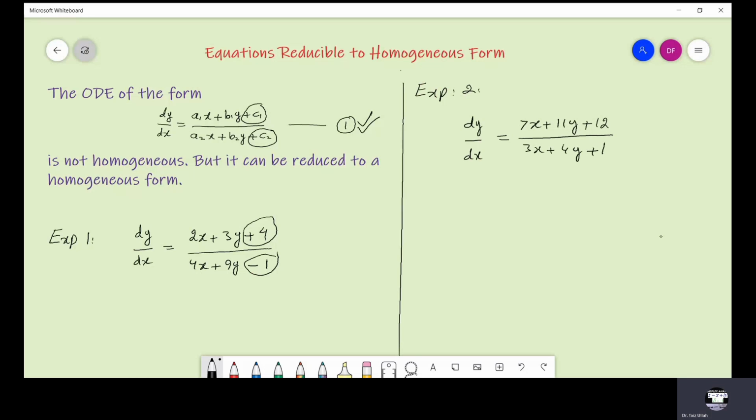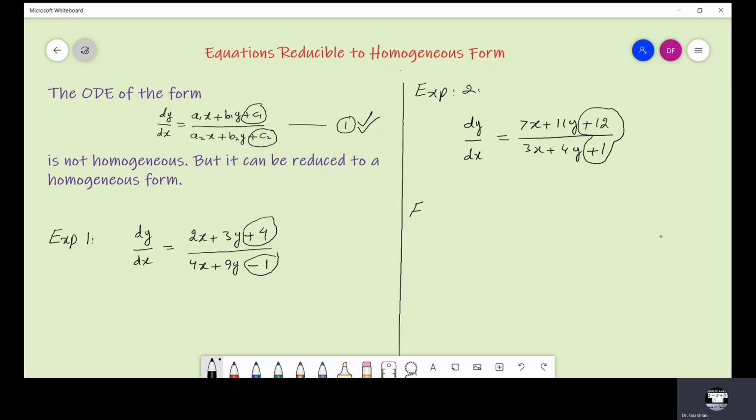This equation is not homogeneous, but it can be reduced to homogeneous form because it is of the form 1. By the form 1, we mean there is plus 12 in the numerator and plus 1 in the denominator. If we don't have these two constants, the remaining is homogeneous. So it is of the form 1 and it can be reduced to the homogeneous form.